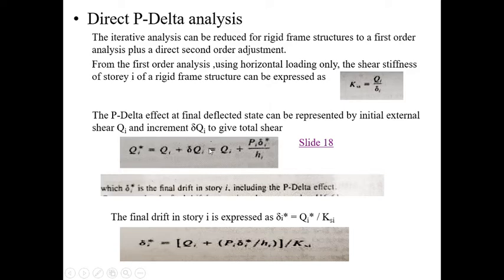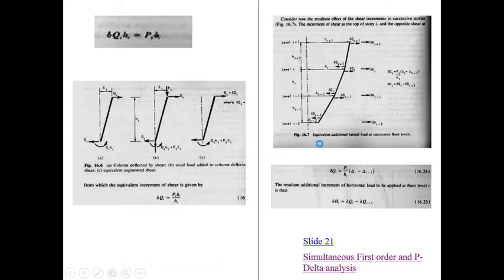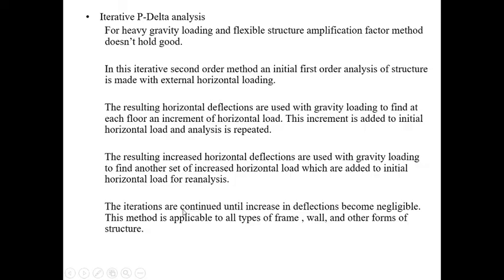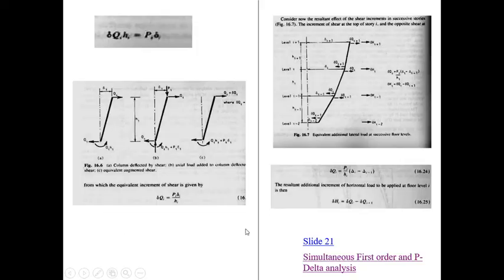So this increment in the shear, that is delta Qi, we have seen in the previous slide: delta Qi is equal to Pi into small delta i upon Hi. That was as given in the iterative P delta analysis. When we went for the iterative analysis, we had seen the increment delta Qi, that is the increment in the shear, is nothing but Pi small delta i upon Hi.